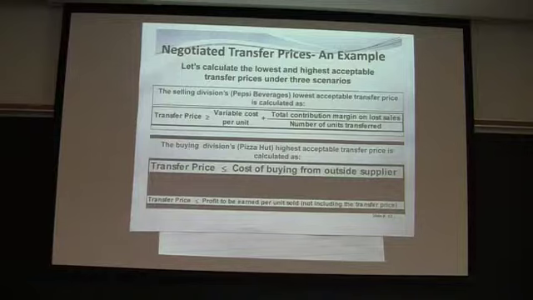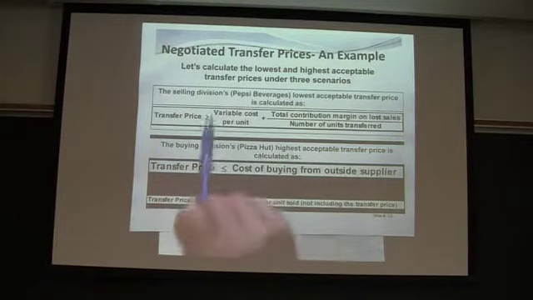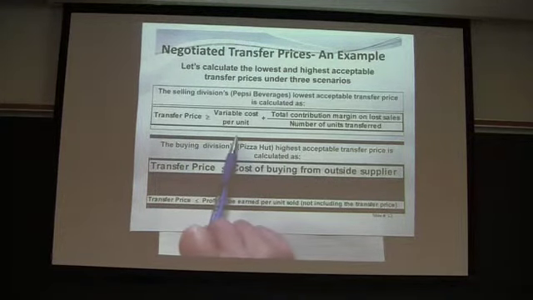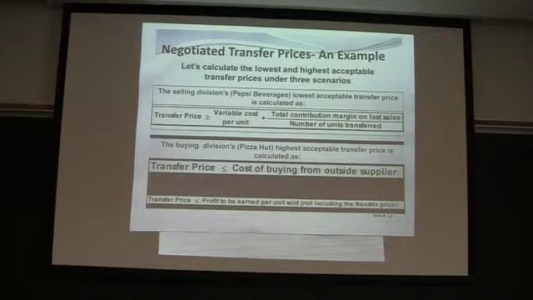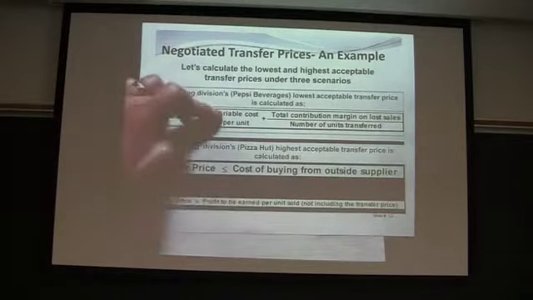So now you've got a range. The maximum is going to be the market price, and the minimum is going to be the variable cost. In that scenario, depending on each manager's negotiating skills, the win-win range of transfer price for both the buyer and the seller will be from variable cost to market price.